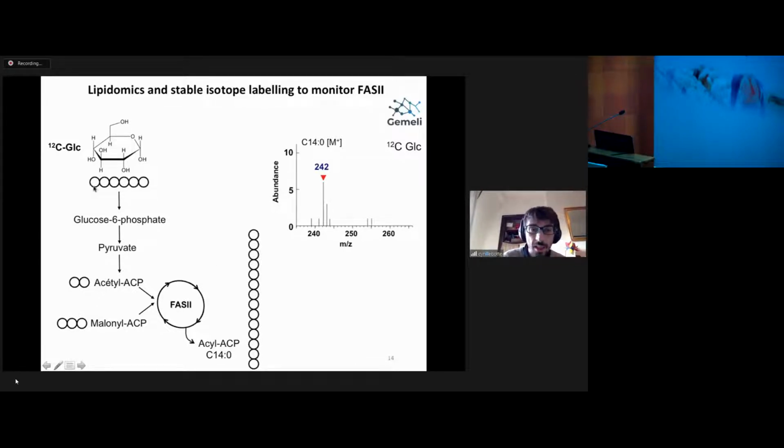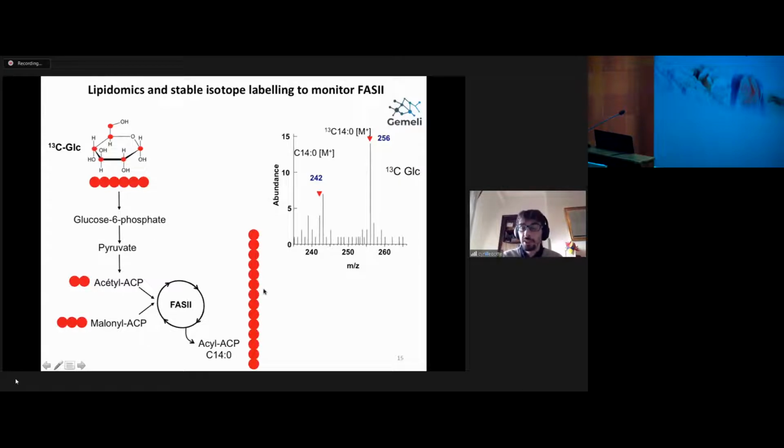And if we depict the glucose with its carbons, it's 6 balls like this. And if you look at lipidomic analysis, mass spectrometry, the mass of a typical fatty acid of 14 carbons is seen as a mass of 242, or the mass ratio seen with the machine. And this is how it's seen.